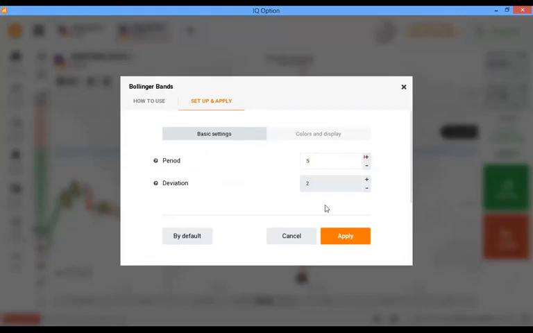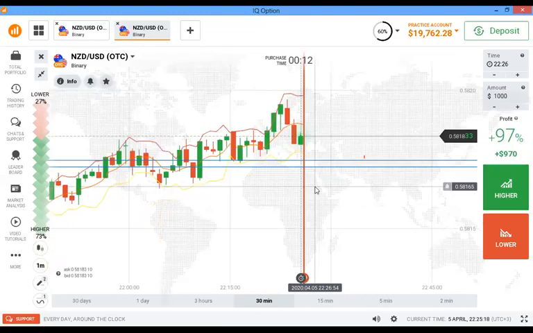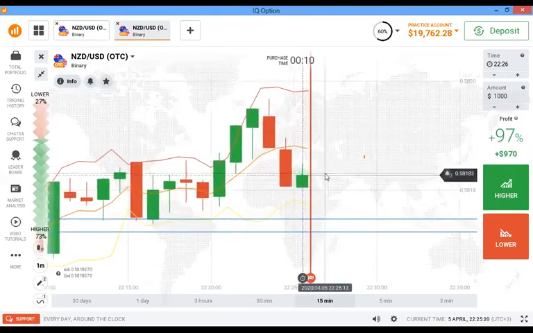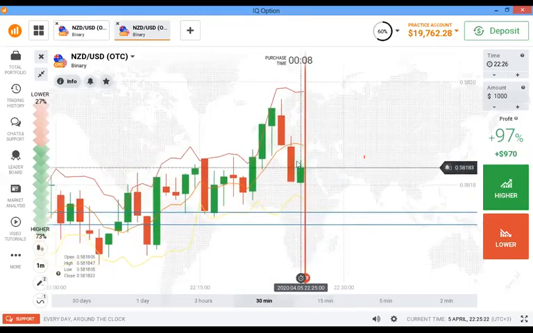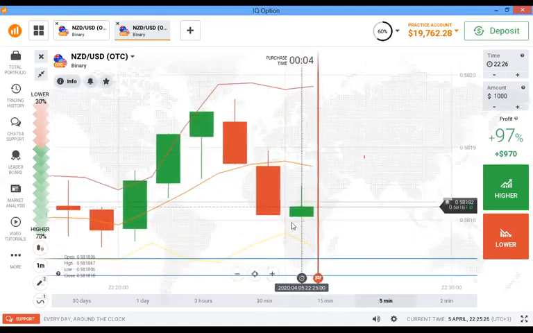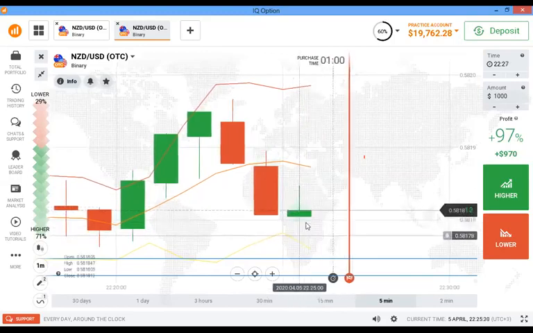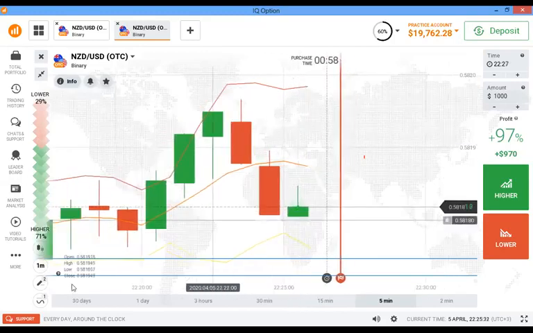Five period division too. So this is how I use Bollinger Band. The way I started is what led me to know how to read candlesticks.